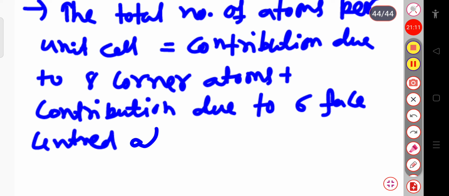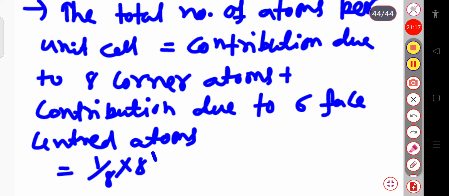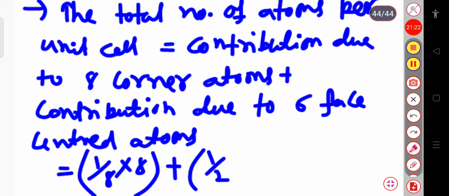So for the corner atoms there will be 1 by 8 into 8 corners, plus half of the atom is there, so 1 by 2 into 6 for the 6 faces, so this will be equal to 1 plus 3, that will be equal to 4.